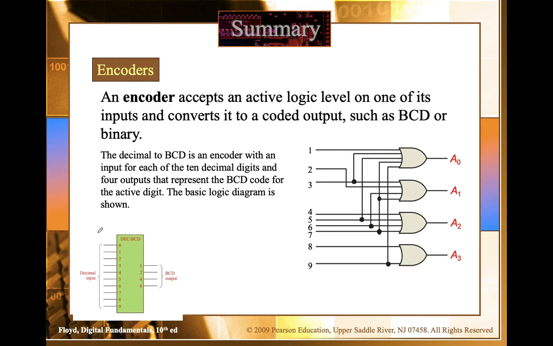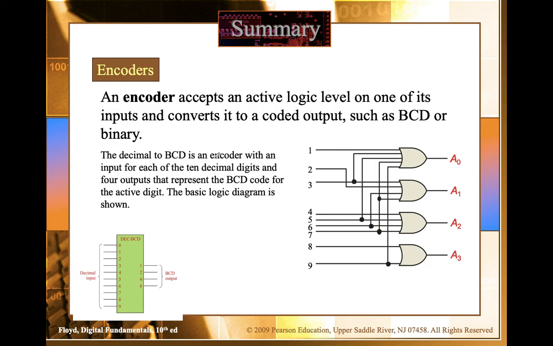Because we are encoding, we are coding it, we are making it more complex. Decoding is making it simpler, you can say. That was a decoding circuit. Now this is an encoding circuit.